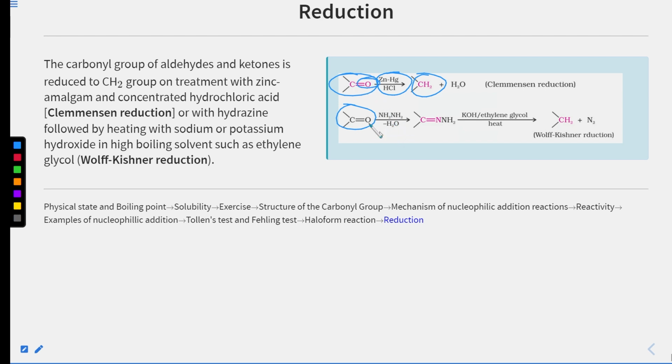Otherwise, if you treat your carbonyl compound with hydrazine, then we get this compound, which is further converted into CH2. As I have told you, it is very prone to hydrolysis and quickly gets converted back into your carbonyl compound. But here it is not hydrolyzed. We have used KOH, basic condition, in ethylene glycol, and we have heated it, giving N2 gas. So this is Clemmensen, and this is Wolff-Kishner. We will talk about its mechanism tomorrow.